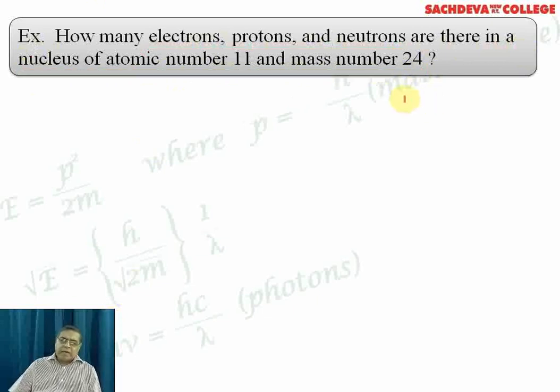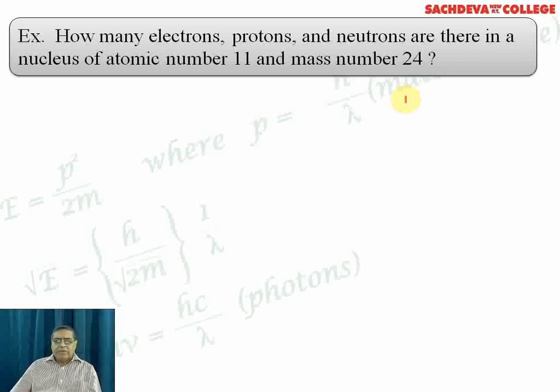So this seems to be an isotope of sodium, because the atomic number for sodium is 11 and the mass number is 23, but it is mentioned 24 here, so it is an isotope of sodium. So the electron number and proton number remain the same, and the neutron number will be the mass number minus the atomic number.